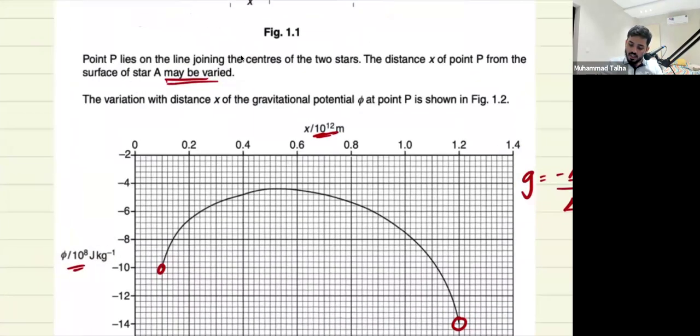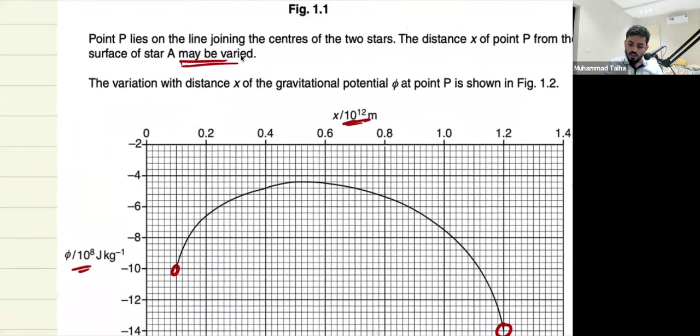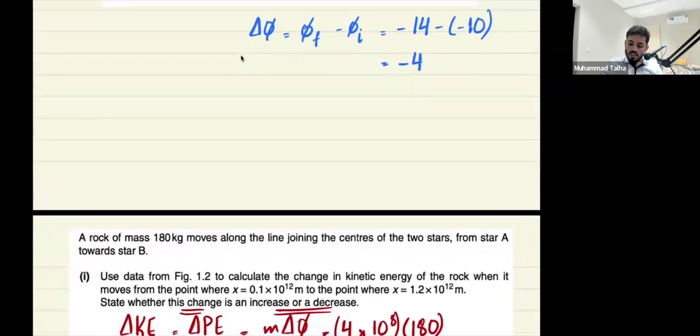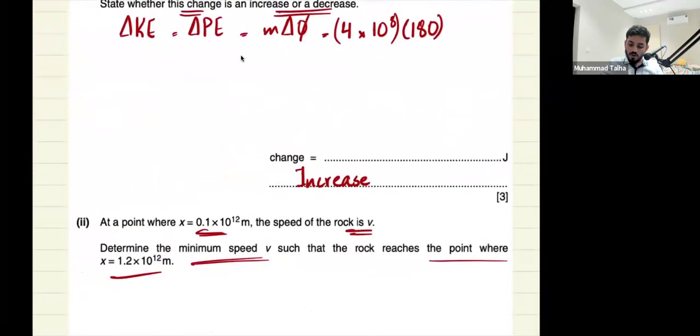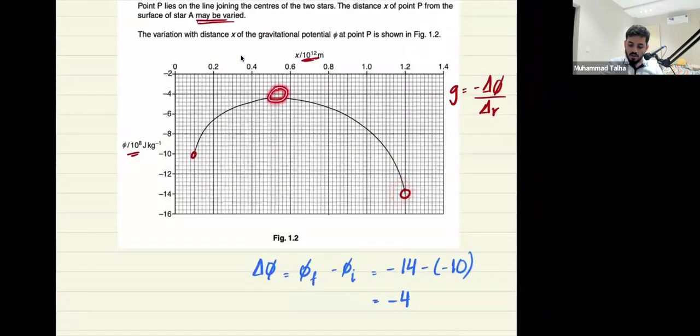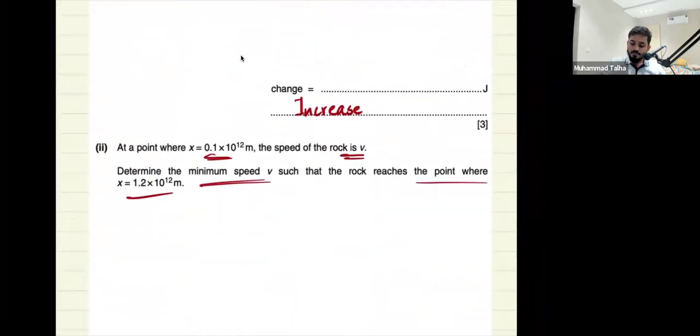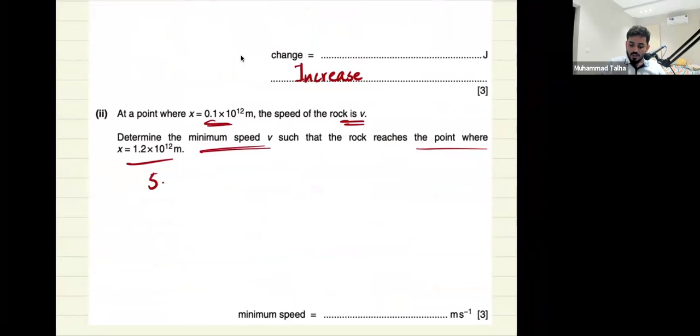If you look at this gravitational potential value, this is -4.2 into 10 to the 8. So I don't need to go all the way from -10 to here. I just need to go to here. So -10 to -4.2. 10 minus 4.2 is what? 5.8.